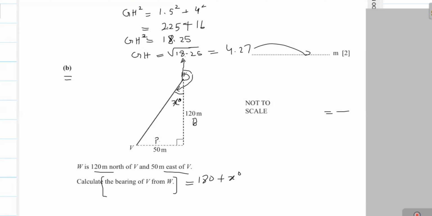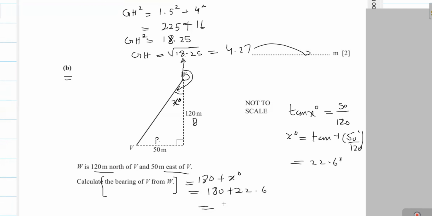Perpendicular over base is 50 over 120, and this is equal to tan x degrees. So x will be equal to tan inverse of 50 over 120, and this value is equal to 22.6 degrees. Therefore, the bearing will be equal to 180 plus 22.6, which is 202.6 degrees, the bearing of V from W.